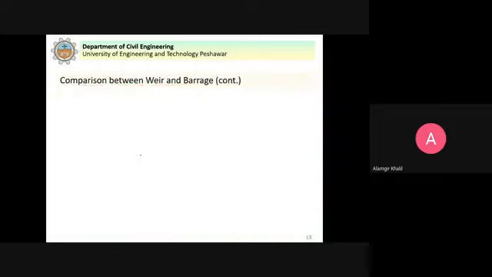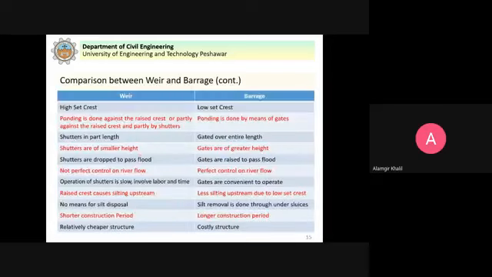So we discuss a few points to compare. In case of a weir, we have a high set crest, and in case of a barrage, we have a low set crest. Ponding is done against the raised crest or partly against the raised crest and partly by shutters. In a barrage, ponding is done by means of gates.